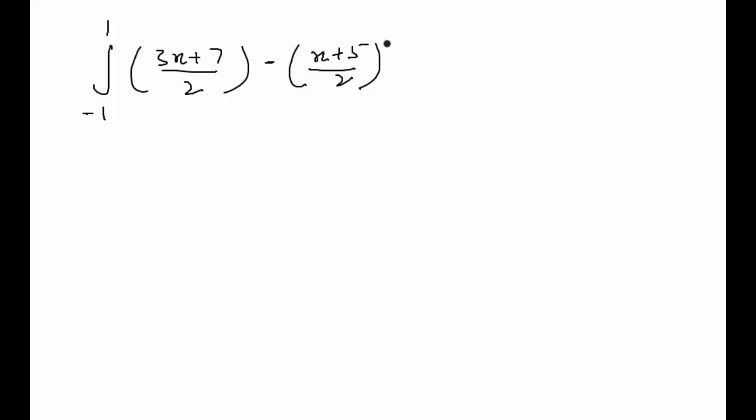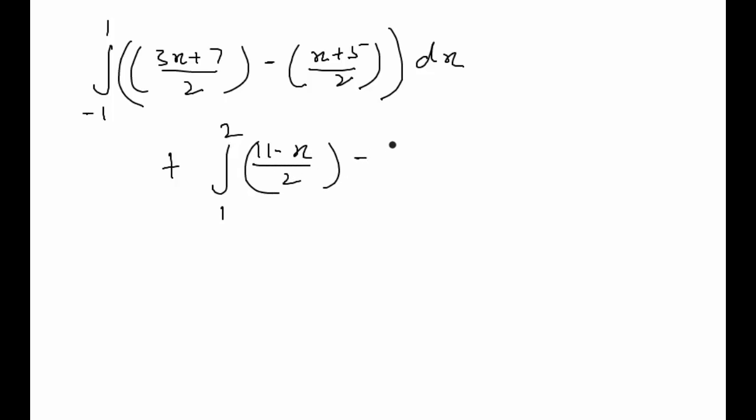The first integral is from -1 to 1, and the quantity inside will be (3x plus 7) upon 2 minus (x plus 5) upon 2 dx, and then the second integral is plus integral from 1 to 3 of (11 minus x) upon 2 minus (x plus 5) upon 2.